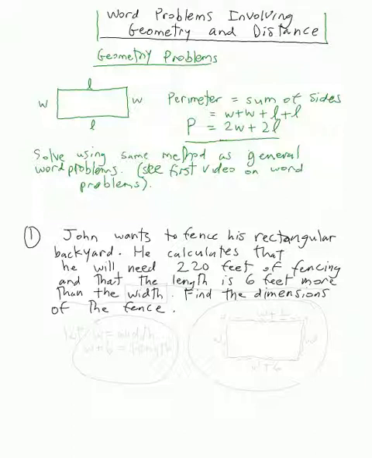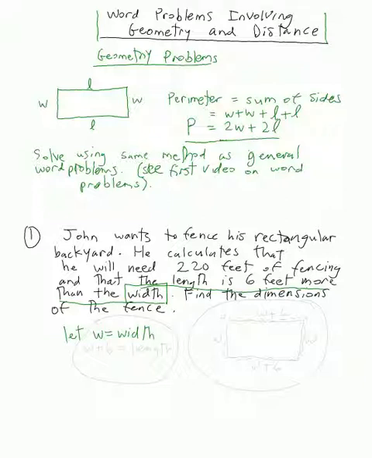Notice it says the length is 6 feet more than the width. So the last mentioned one is width, isn't it? So I'm going to let W be the width, since it's the last mentioned one.